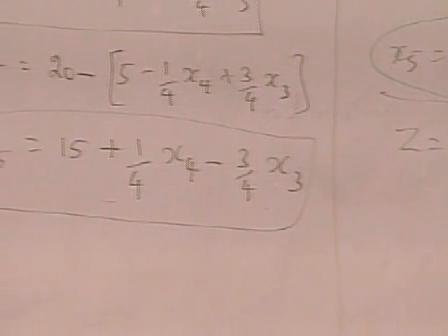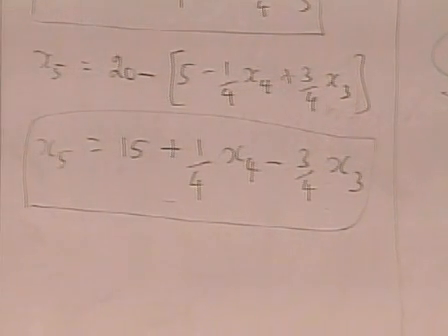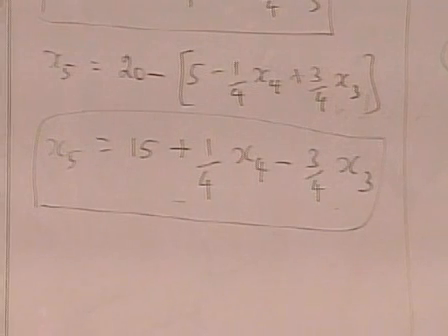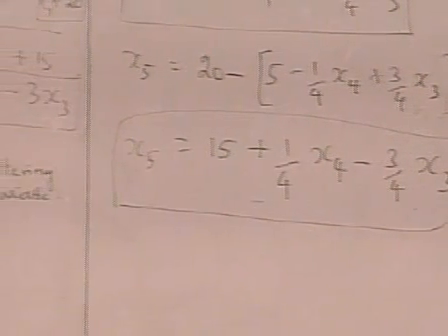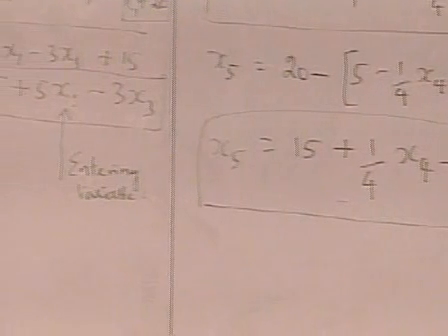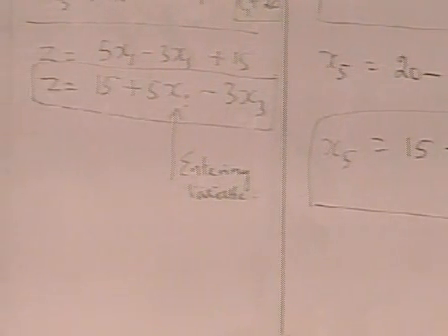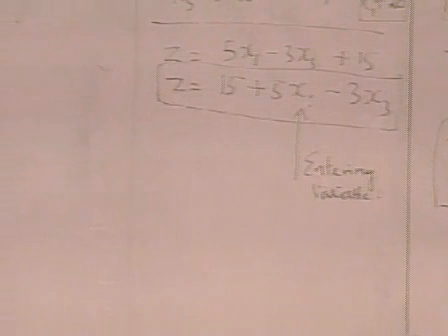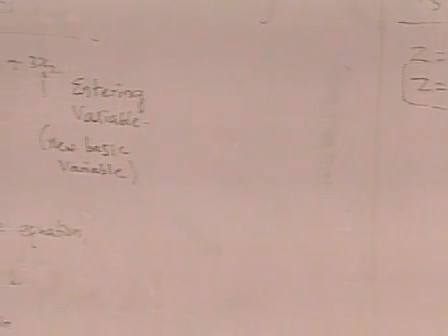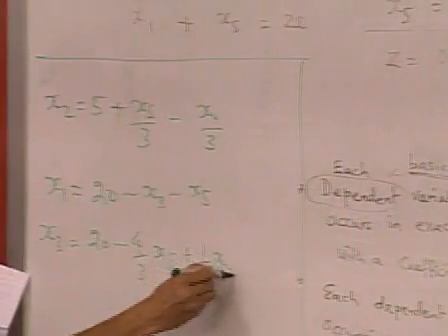You get x2 equals 5 plus x5 over 3 minus x4 over 3. x1 is 20 minus x3 minus x5. And x3 is 20 minus 4 over 3, 5 plus 1 over 3, 4.